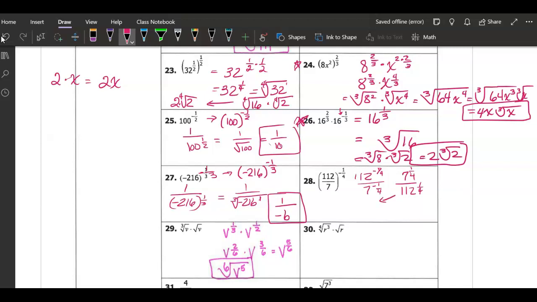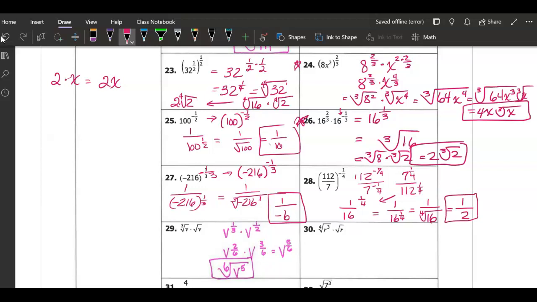This is equal to 1 over 16 to the 1/4 power. 1 to the 1/4 power is just a 1. 16 to the 1/4 power can be rewritten as the 4th root of 16. Now, if you remember, the 4th root of 16 is a perfect fourth. So this makes this equal to 1/2. Okay?